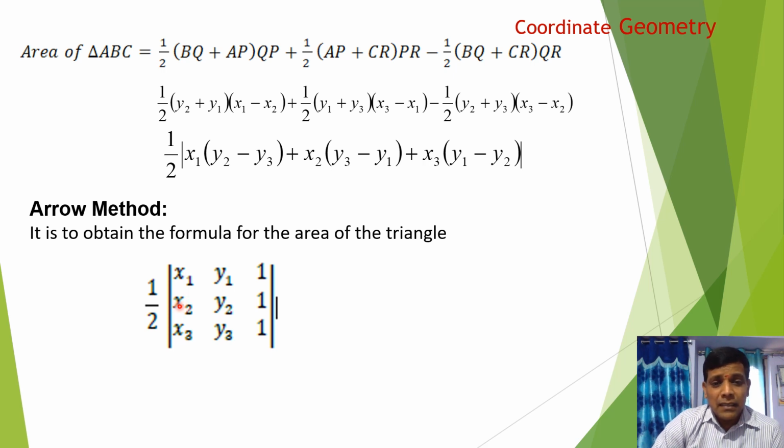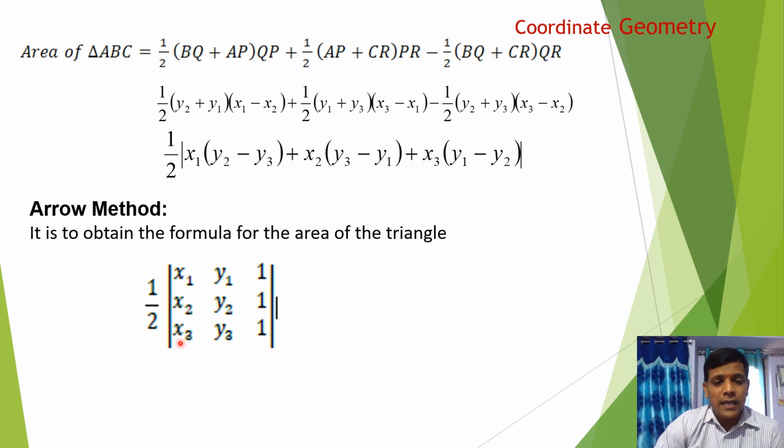Next, remove the complete second row and first column. What are the remaining values? y3 and y1. So y3 into 1 is y3 and y1 into 1 is y1. This is written as x2 into (y3 minus y1).